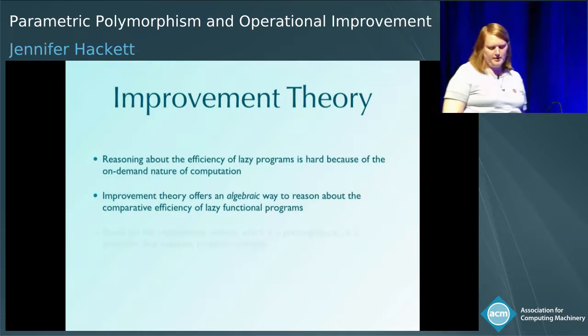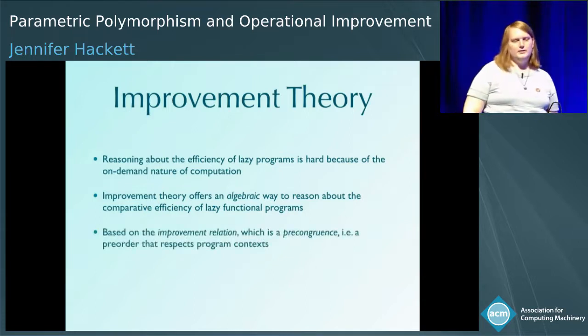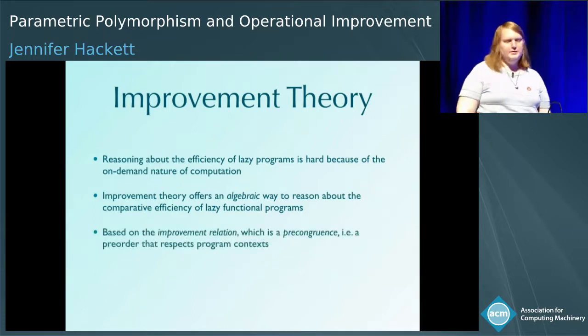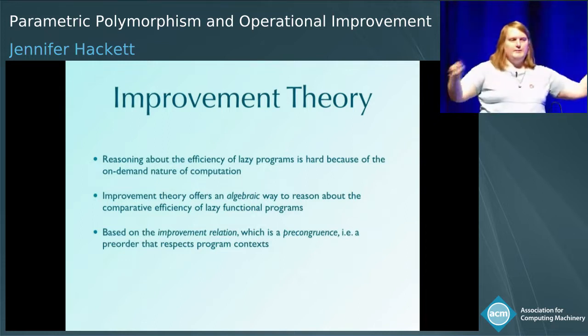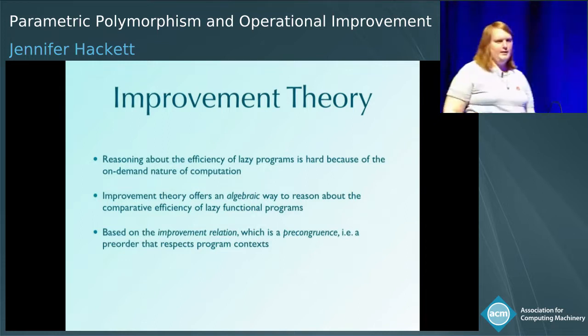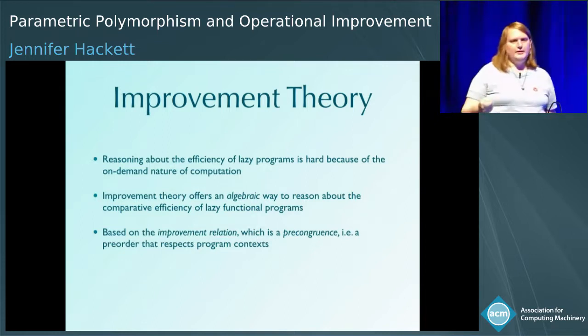It's based on the improvement relation, which is a pre-order, which makes sense, right? If this program is faster than that one, and that is faster than another, then there should be a relationship between the first and the last. And it also respects context, because you want to be able to improve a small part of the program in order to improve a large program.